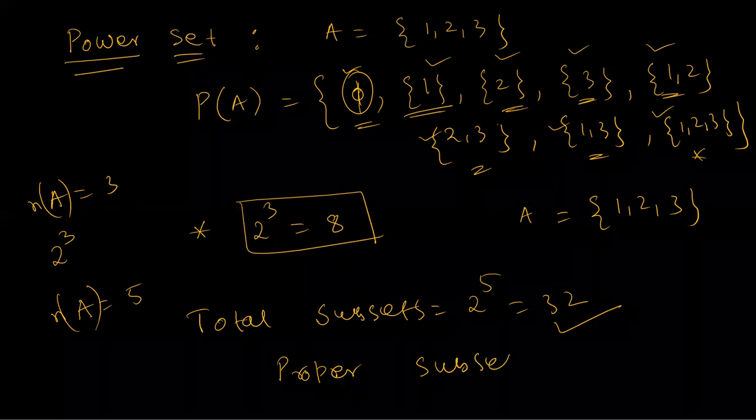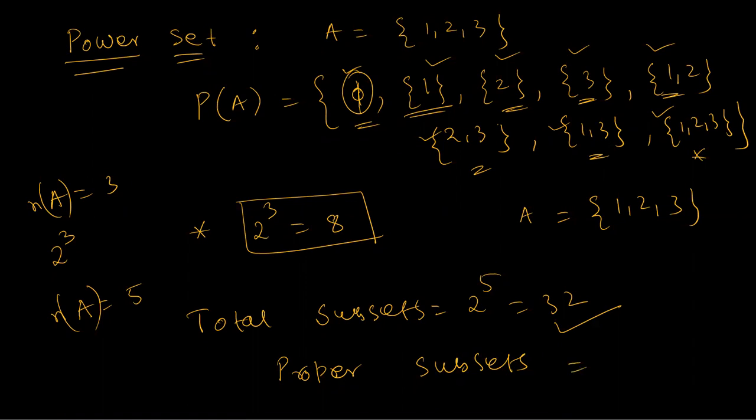If a set has 5 elements, then 2 to the power 5 minus 1, so 31 proper subsets.